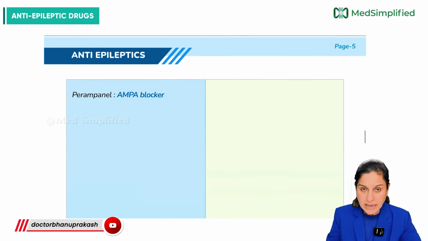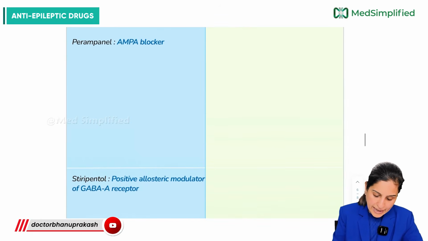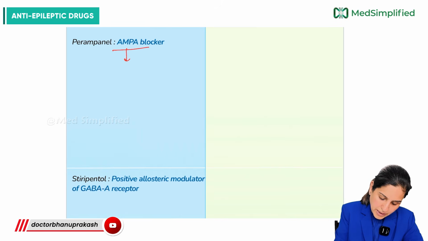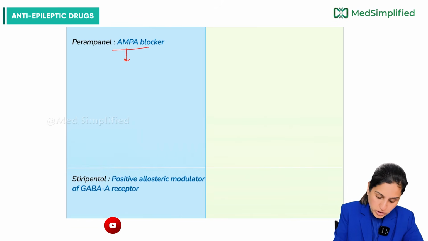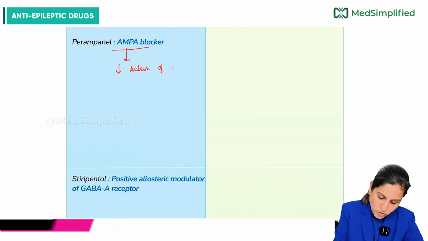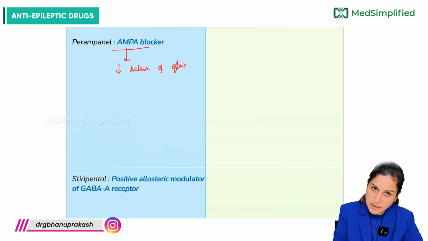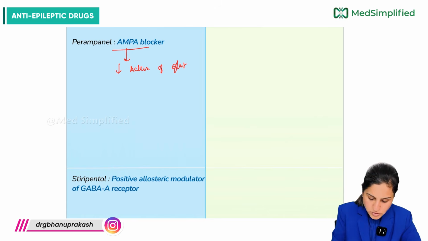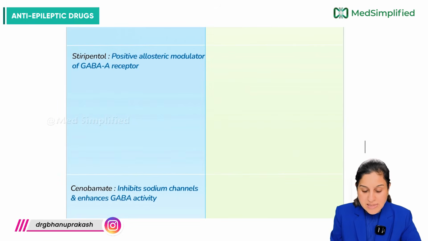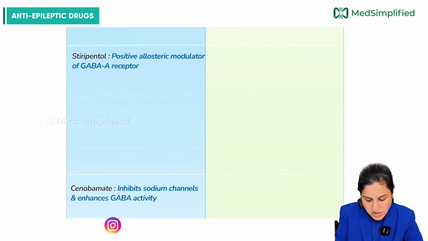Then perampanel, another drug, which is an AMPA blocker. Again, AMPA is a receptor for glutamate, so it will decrease the effect of glutamate. NMDA is also a glutamate receptor, and AMPA is also a glutamate receptor. Then the drug tiripentol is a positive allosteric modulator of the GABA A receptor.